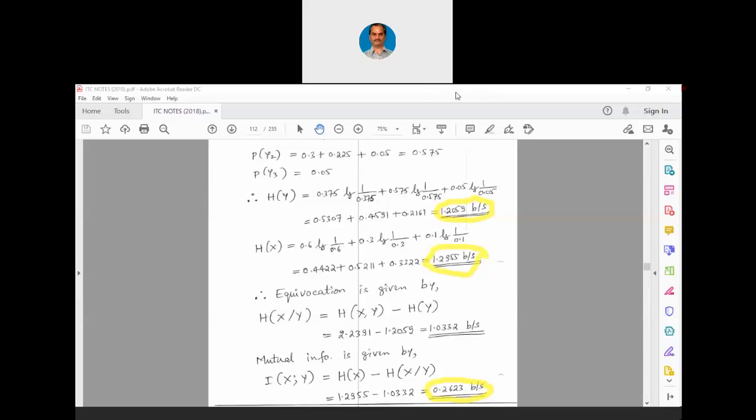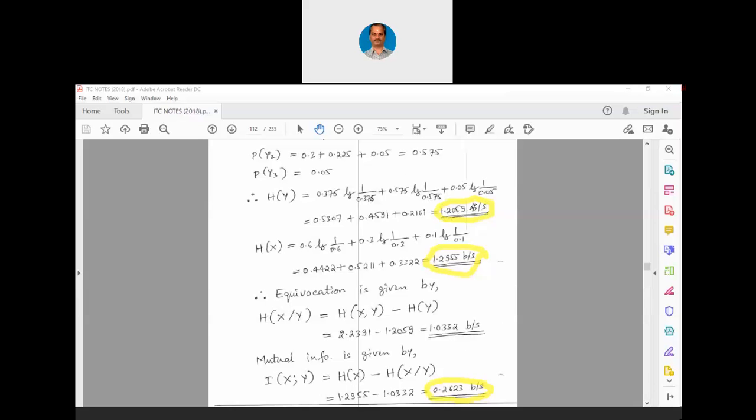Okay. So this means, see, out of 1.2955 bits per symbol information that is present at the source, the destination received only 0.2623 bits per symbol. That means out of this much, only this much was received. Even though at the destination there is 1.2059 bits per symbol, if you subtract this 0.2623 from 1.2059, whatever is remaining at the destination is because of noise itself.